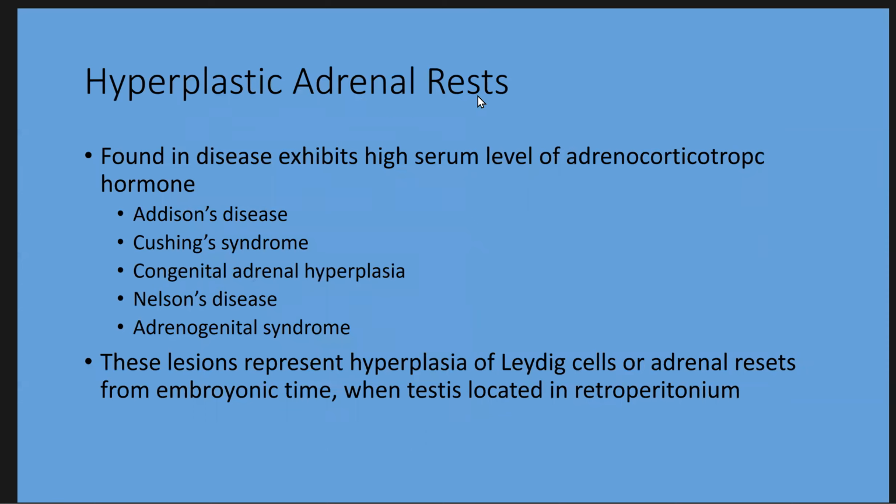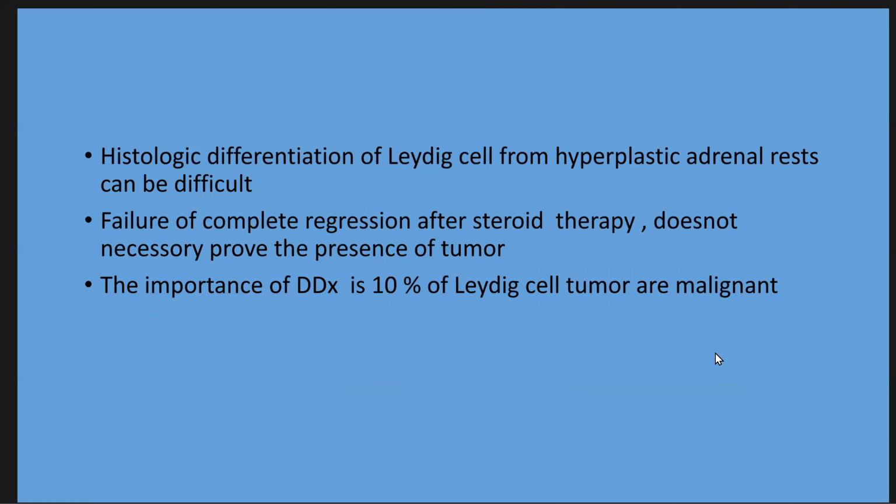Hyperplastic adrenal rest is found in diseases with high serum level of adrenocorticotrophic hormone, like congenital adrenal hyperplasia, Addison, Cushing, adrenogenital syndrome, and these lesions represent hyperplasia of Leydig cell and adrenal rest from the embryonic time when the testis is located in the retroperitoneum.